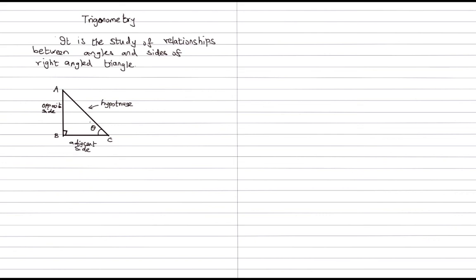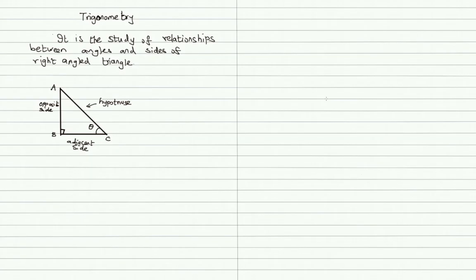Now let us draw one more right angled triangle, and let it be an isosceles right angled triangle. That is, two sides of the triangle ABC will be the same.